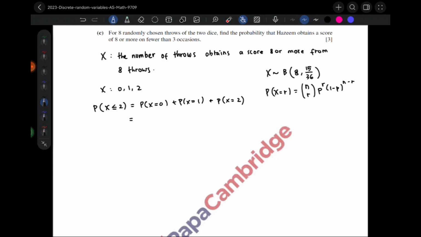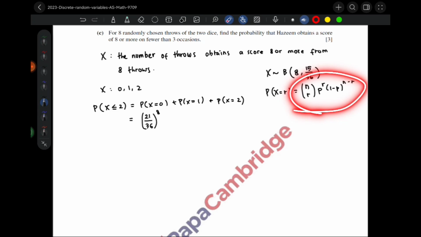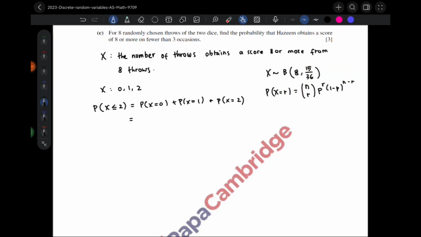That means 1 minus p, which is 21 out of 36, to the power of 8. Or if you follow this formula, you have 8C0, which is 1, times 15 out of 36 to the power of 0, because they never got 8 or more, and then you multiply with 21 out of 36 to the power of 8. That means from those 8 throws, she got 7 or less.